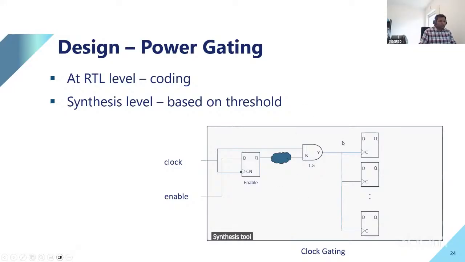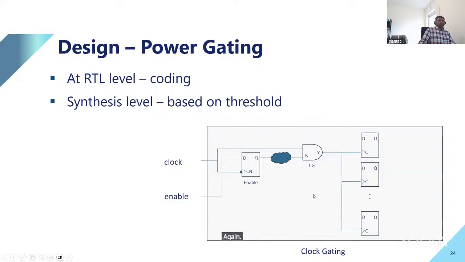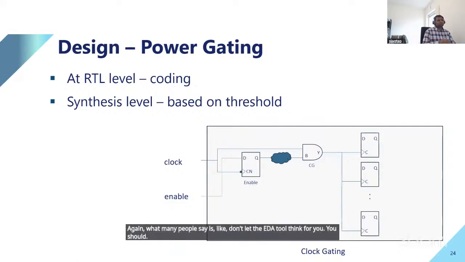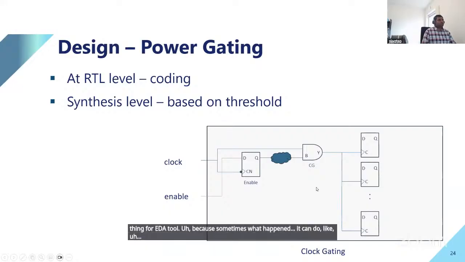Many people don't want to give this to the synthesis tool. They want to do it in RTL itself. Again, what many people say is, don't let the EDA tool think for you. You should think for the EDA tool. Because sometimes it can do overclock gating.